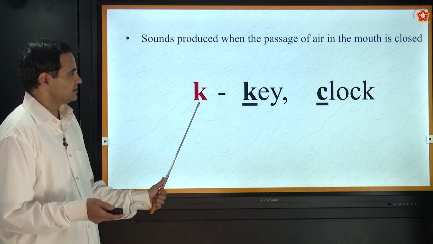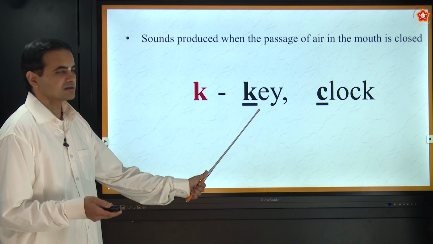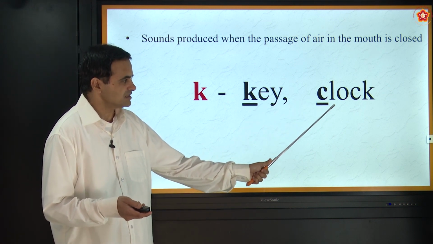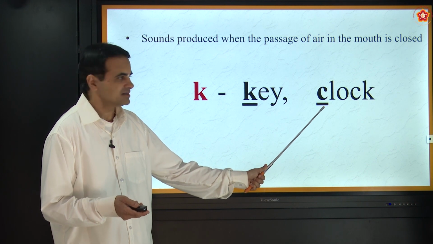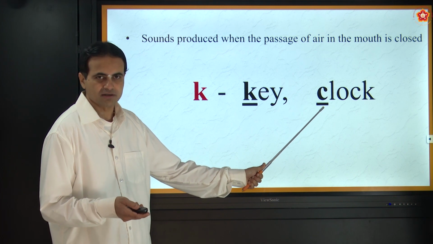Next one, K. Examples: key, clock. Here we see, though it is C, it is not slock, it is clock.